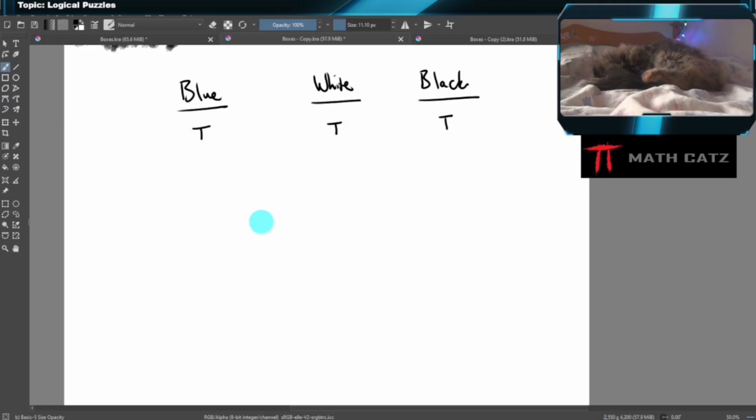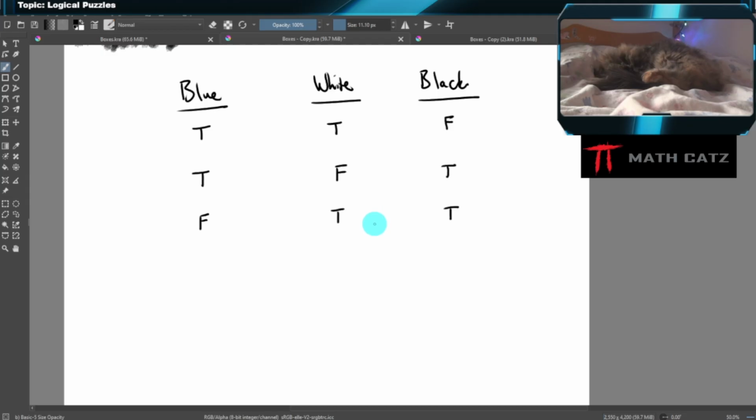I want to structure my list in a systematic way so that I have a complete list, right? But this is not a valid possibility. I don't need to list this because I know there is at least one true, there is at least one false. So one option for a combination is to have two trues and a false. So let's change this guy to a false, but it can also be true, false, true. And it can also be false, true, true.